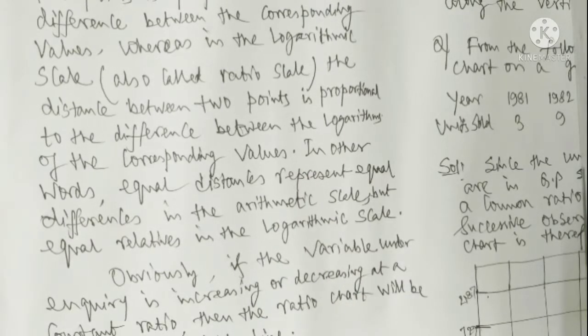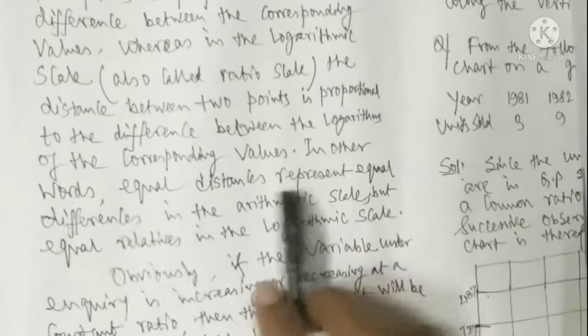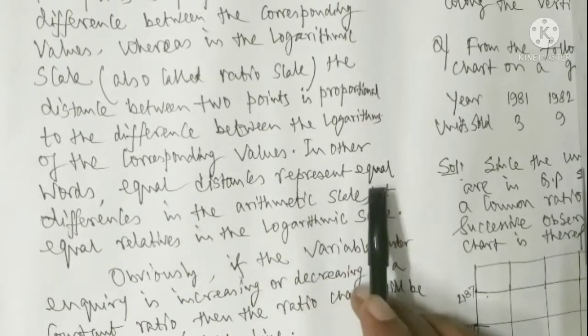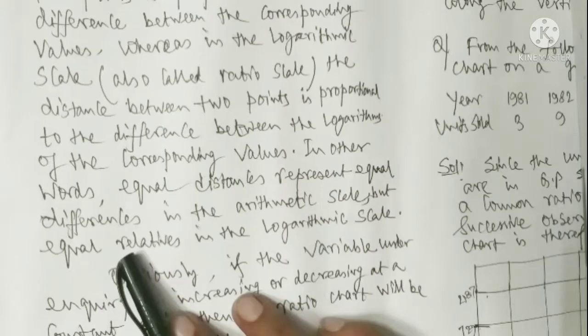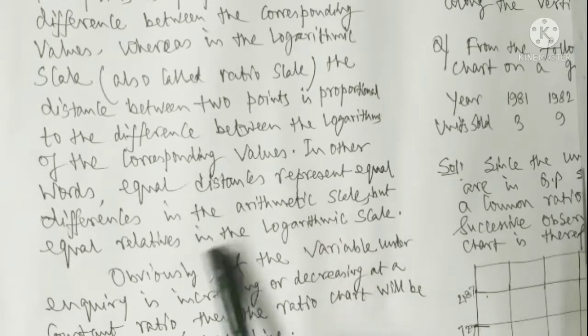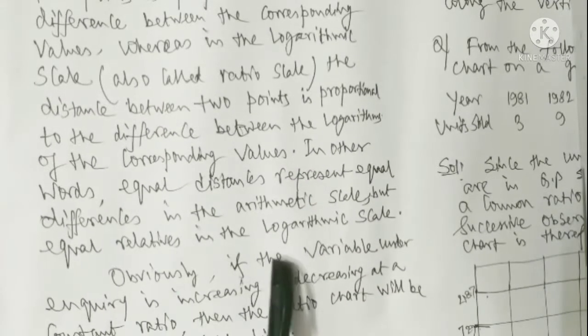Logarithmic values will be considered when the data is in power form. In other words, equal distances represent equal differences in the arithmetic scale. Equal difference implies the generation of a straight line in the figure, but equal ratios in the logarithmic scale.